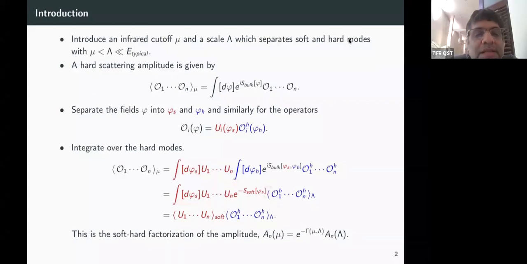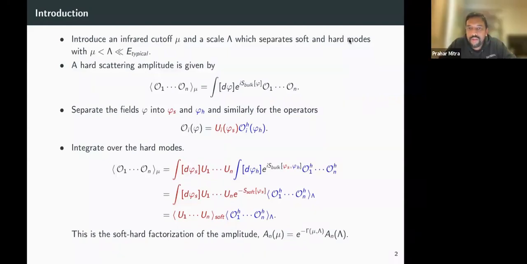Sorry, Prahar, just to understand. The field O, in terms of the field phi, could be a composite operator of the fields phi. It could be like phi squared. Yes, it could be. If it was a pion, it could be q q-bar, for example. Okay.